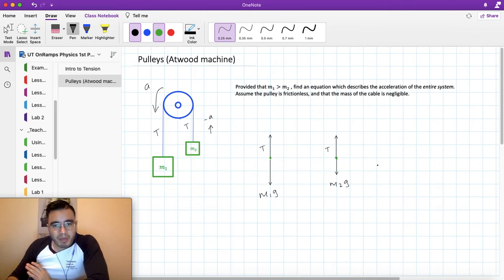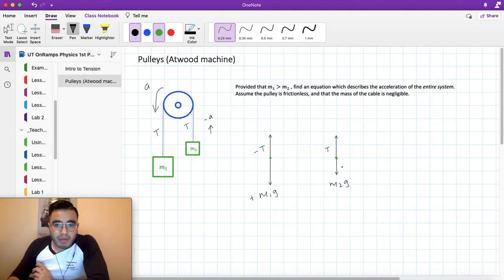Now something which I'm going to do this time just to make it easier when we sum the forces is let's add signs for the forces. Let's decide whether they're positive or negative. If we said that downwards is positive because that's the direction of motion, then the weight of mass 1 is positive, right? Because it's moving downwards. Now tension is acting against the weight of the mass 1, therefore this is negative.